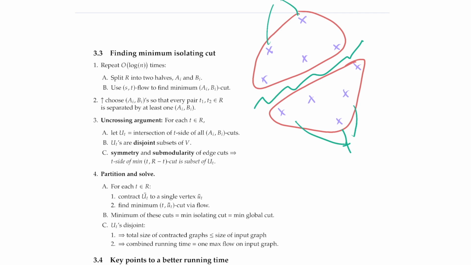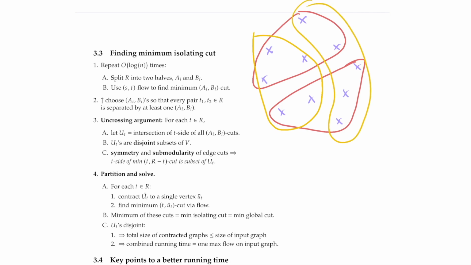And okay, but then you do this again and again. So you find a different partition in half, maybe like this, and you find the minimum cut between them and so forth.